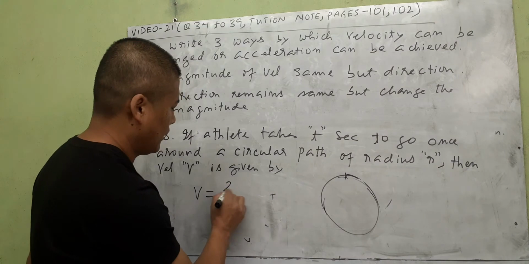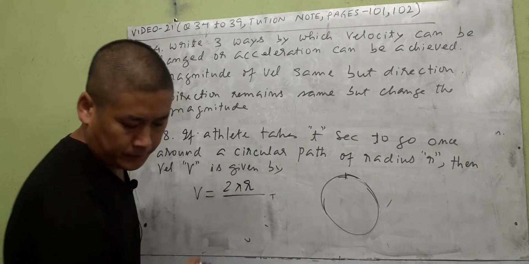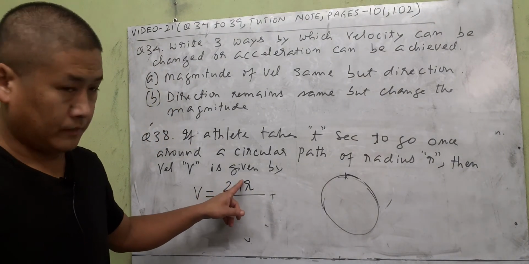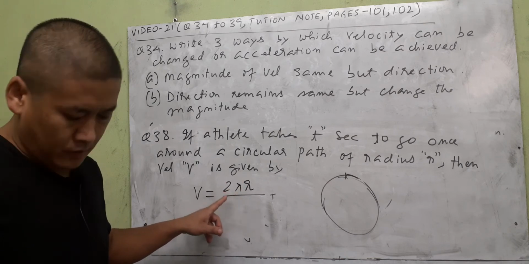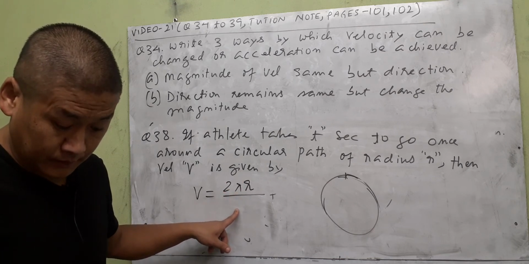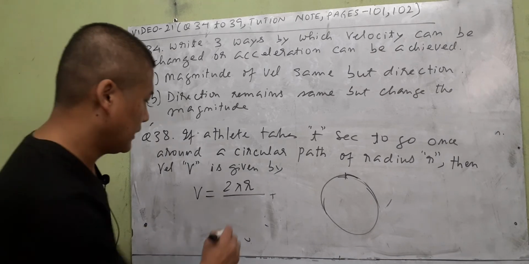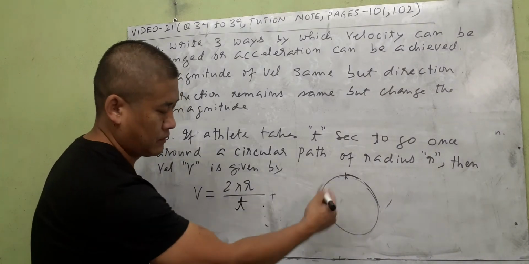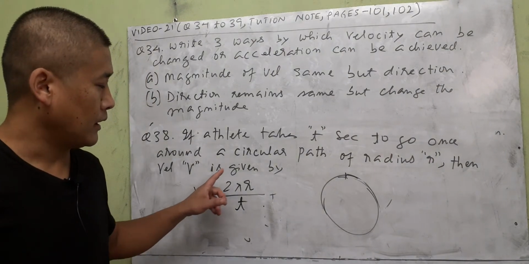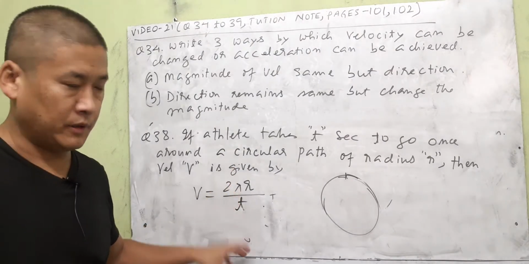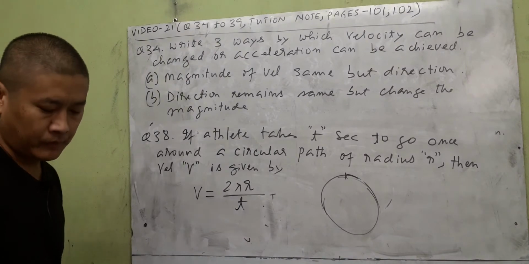Distance here is 2 pi r, right, divided by t, the time taken, because the formula for velocity is displacement by time or distance by time. So this is the answer.